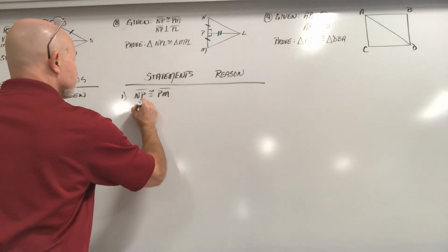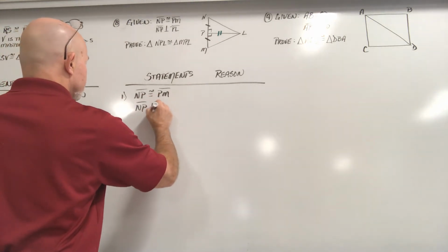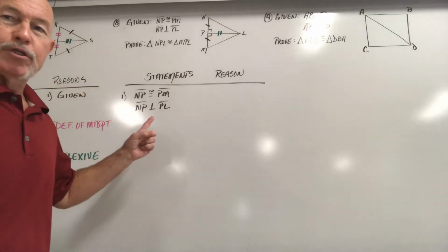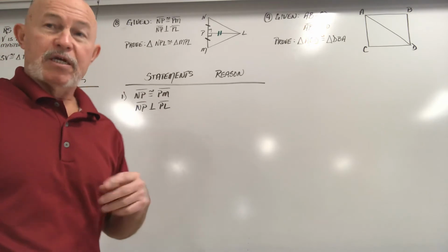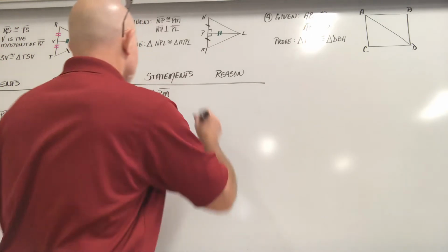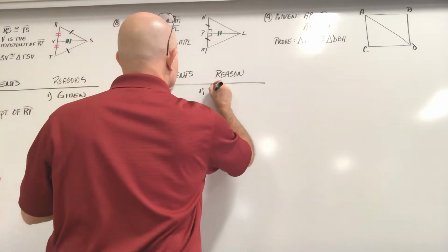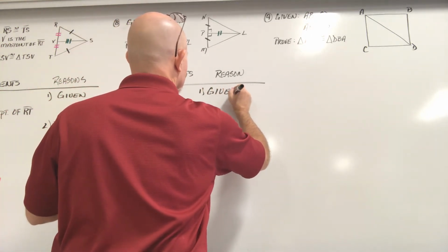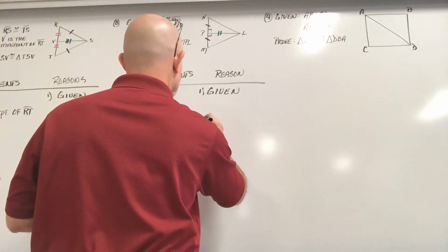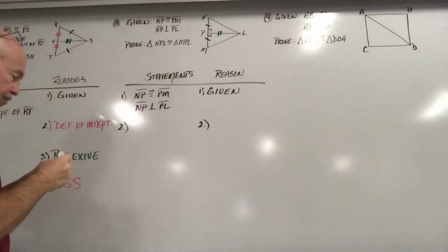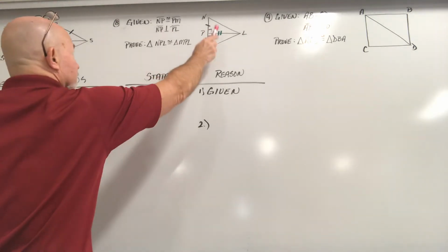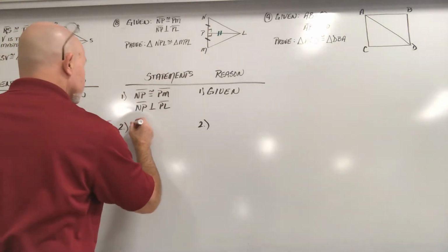Do I have to put the two givens together? No. In fact, sometimes it's better to split them up, but in this case, we can put them together and that's fine. The perpendicular lines gave us the right angles.